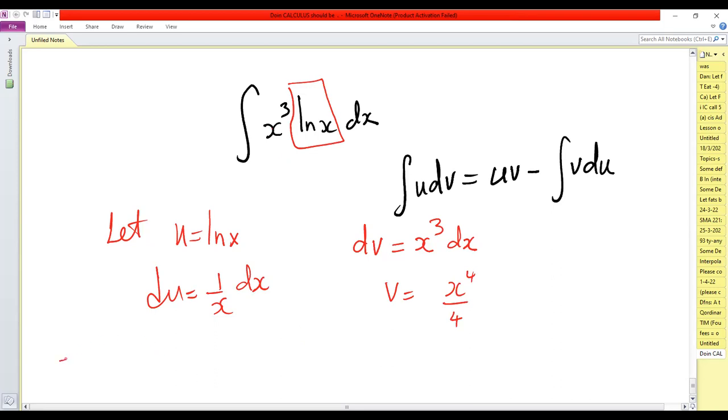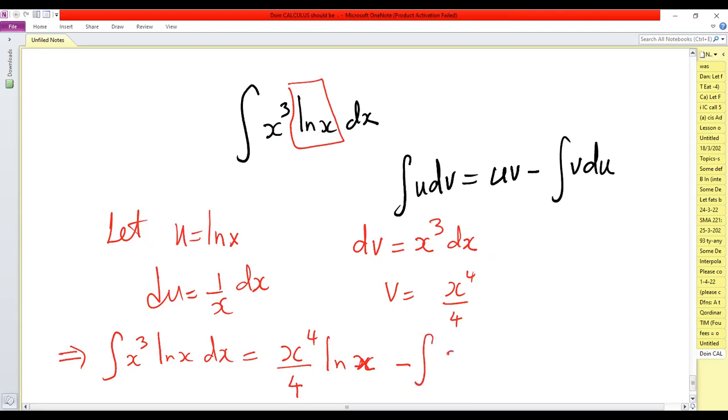So this means the integral of x power 3 ln of x dx will be given by uv, multiplying these, we have x power 4 over 4 ln of x, and then minus the integral of v du. So we'll have the integral of x power 4 over 4 multiplied by du, which is 1 over x, and then dx.